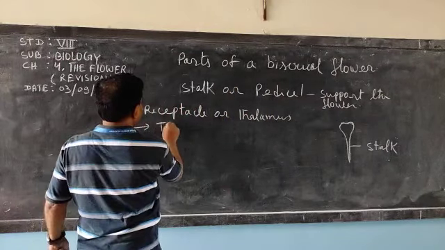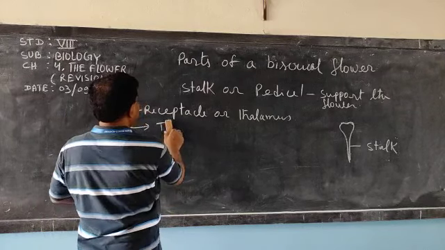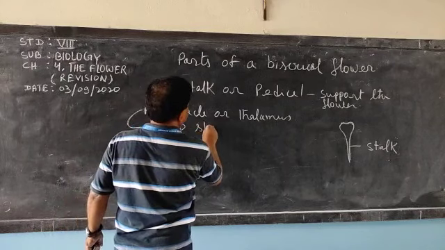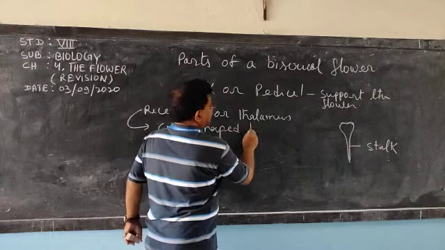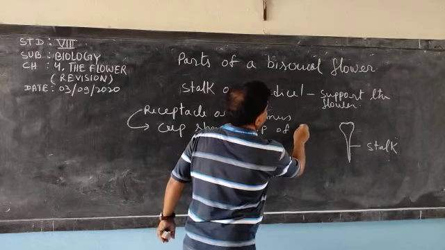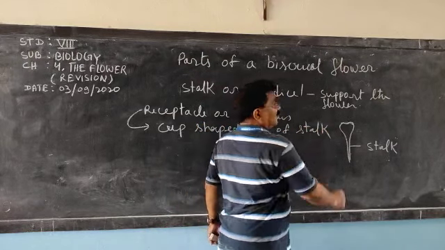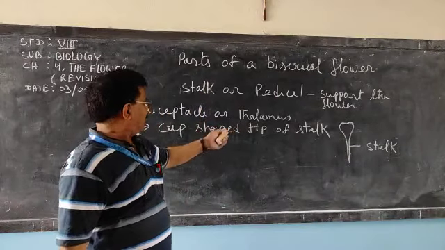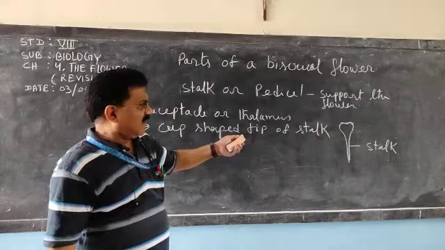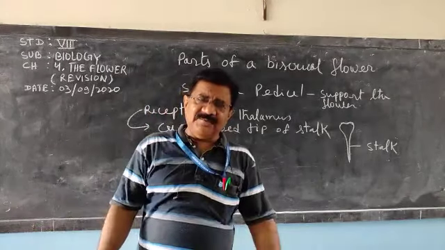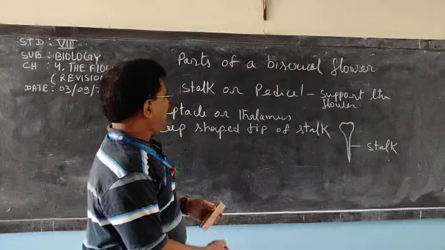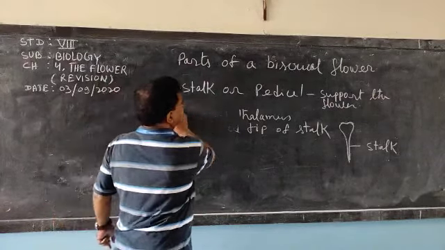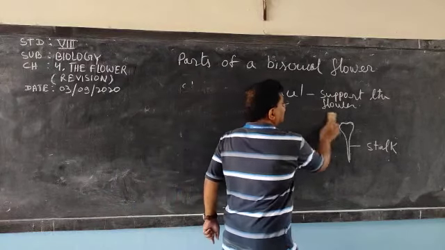So the cup-shaped tip of a stalk is called receptacle or thalamus. Now flower may be complete flower or incomplete flower, and that depends on the whorl. Next part is the whorl.